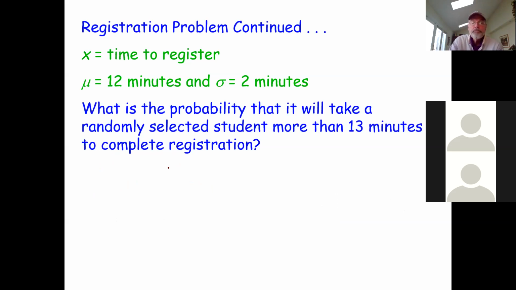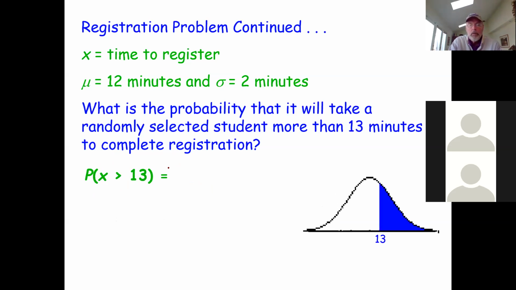All right, so let's do the same thing for 13. Now I would appreciate understanding where 13 is. 13's right against 12. So it's not going to be an area of 50%, but it might be 60%. All right, so there's 13.